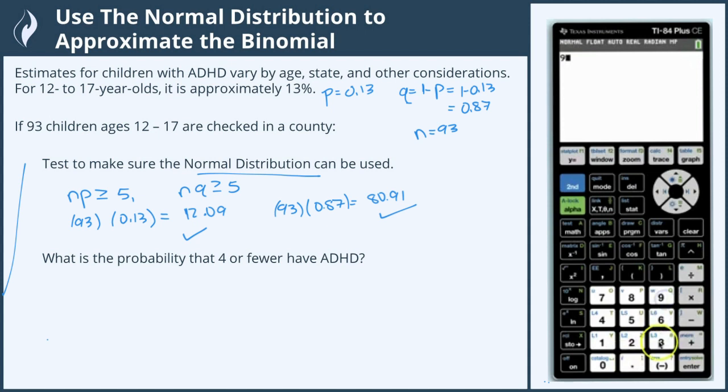Now, there's no mean or standard deviation given. When I'm doing normal distribution, you know that you have that lovely bell-shaped curve, but you need to know what the mean is and what the standard deviation is.